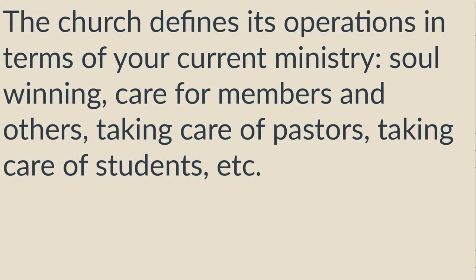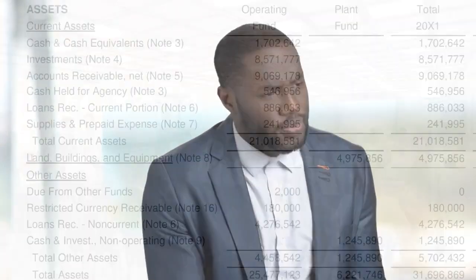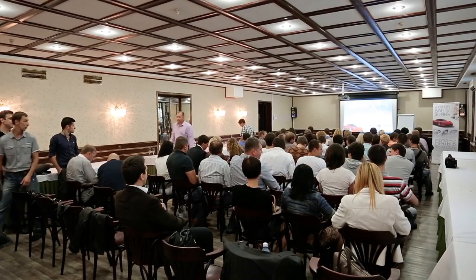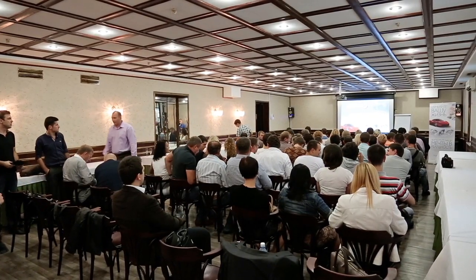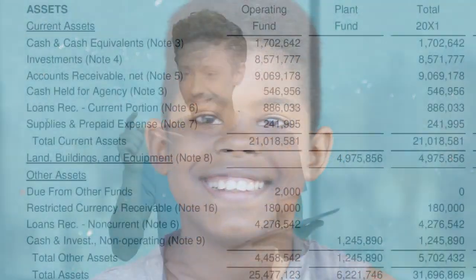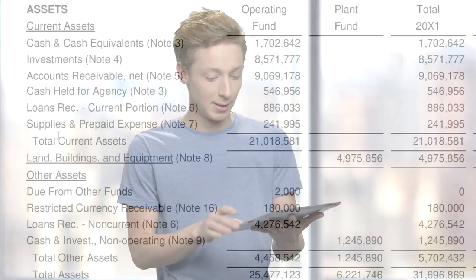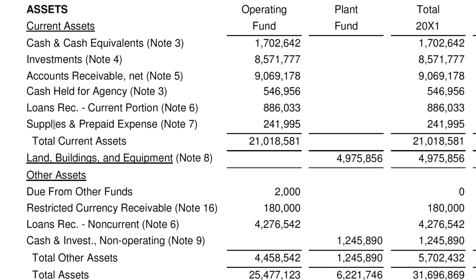The church defines operations, so to answer this, we have to look at first what are operations. The church defines operations by focusing on your current ministry. What are you doing to win souls? What are you doing to take care of the souls that you do have? What are you doing to take care of your members? What are you doing to take care of your students or your pastors? So to be a current asset it has to do with current ministry issues.